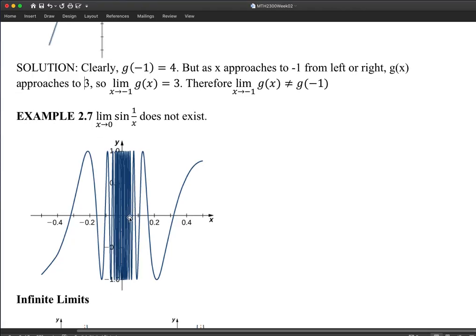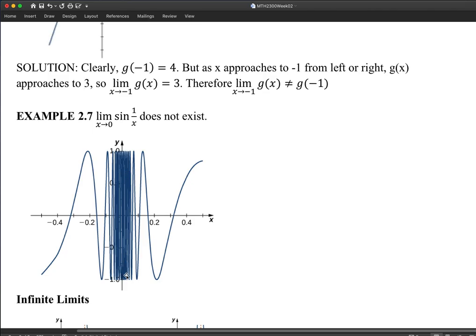What I'm trying to say here is I hope you see from the graph given, as x approaches 0, the graph of the function moves up and down. It oscillates very quickly between the upper bound 1 and the lower bound -1.